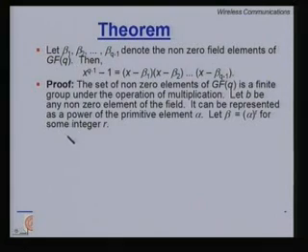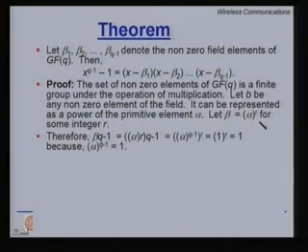What is the proof? The set of non-zero elements of GF(q) is a finite group under the operation of multiplication. Let beta be any non-zero element of the field, then it can be represented as a power of the primitive element alpha. What does it mean? We can say that beta is alpha raised to r for some integer r, because alpha is the primitive element.